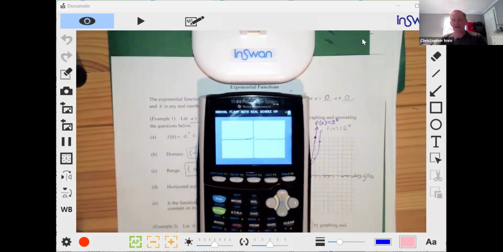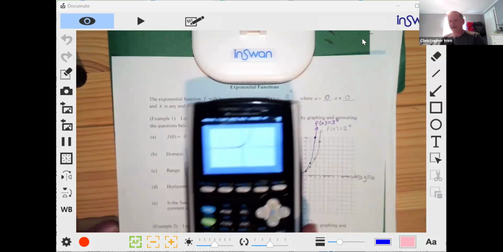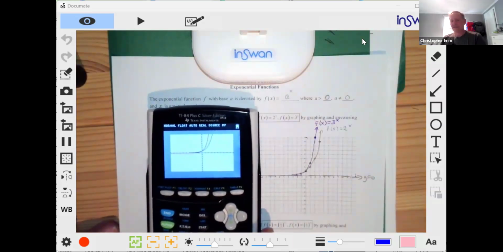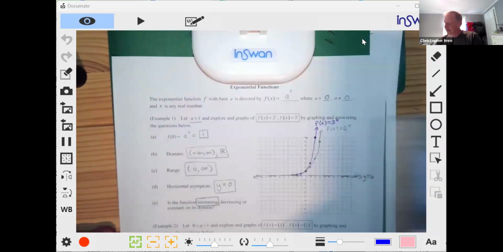We should see pretty similar results. There's 2 to the x, and 3 to the x should rise a little bit quicker. There it goes. It does. Okay, so those are very similar results to what we have here. And notice that it never does get lower than 0 in terms of the range.